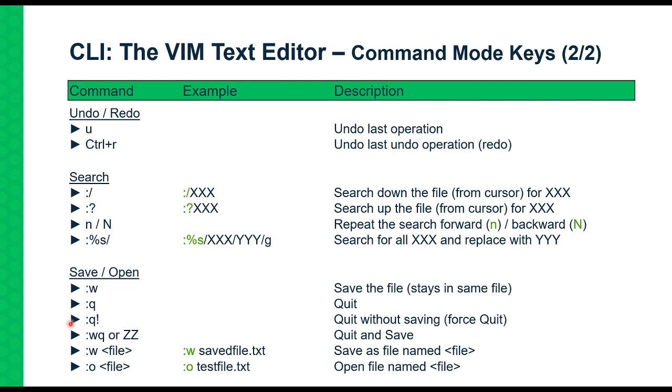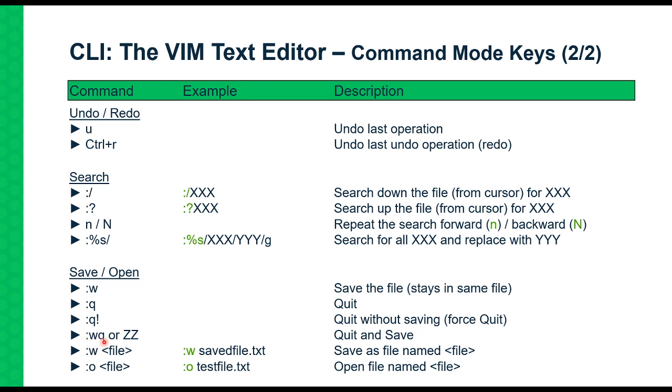Then we can combine some keys. Now the right way of doing this will be colon write quit, WQ, and that will quit and save. Remember, Q was for quit and W was for save. So the combination is WQ.